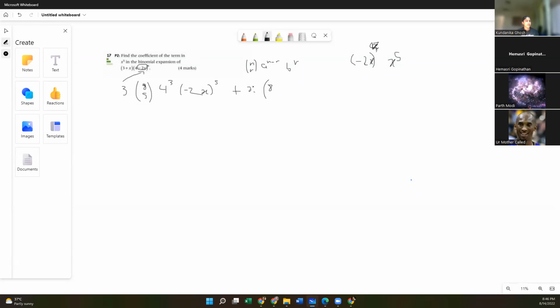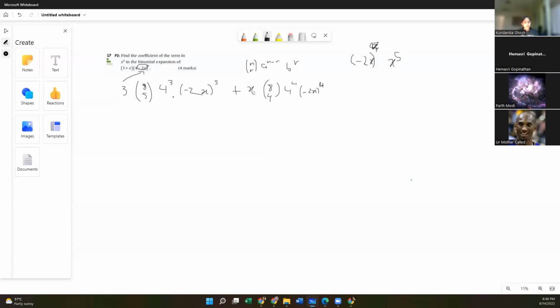Exactly. So we have x times 8 choose 4 times 4 to the power of 4 times negative 2x to the power of 4. Because then when you multiply these, you'll get the coefficient for the term with x to the power of 5. Do you understand that? Yeah.